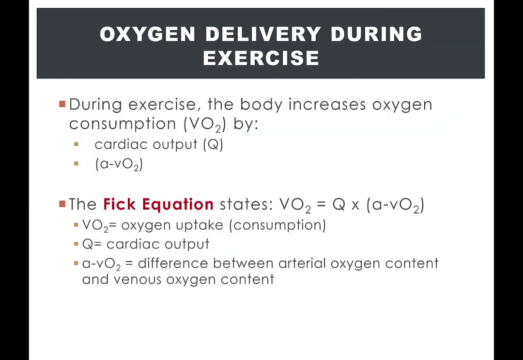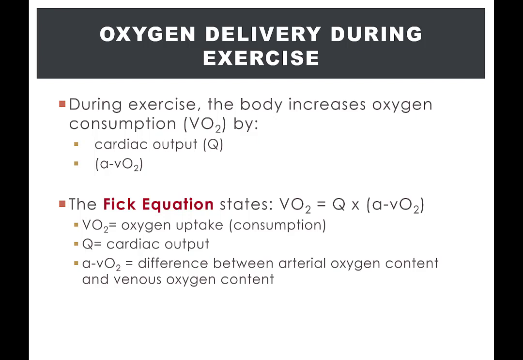Okay, so moving forward, let's talk about oxygen delivery during exercise, more specifically oxygen delivery to active muscles, since the cardiovascular response as detailed thus far, both in the heart and in the arterial system, to exercise is all predicated on delivering more oxygen to active muscles that require it for ATP production.